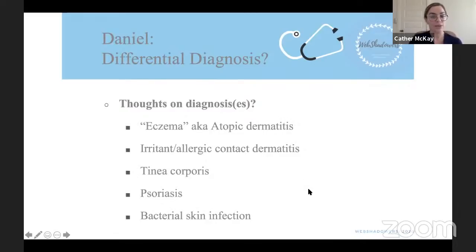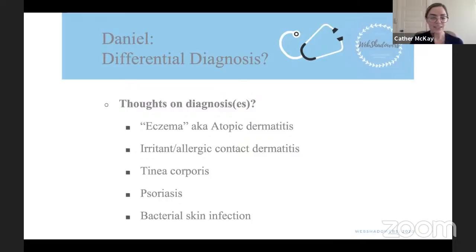Eczema, AKA atopic dermatitis. When I talk to patients, I use the word eczema because they understand that better. But technically the diagnosis is called atopic dermatitis. You could also consider other things. So again, this is called a differential diagnosis. When you see a patient for the first time and you're thinking through what it could be, that's a differential diagnosis.